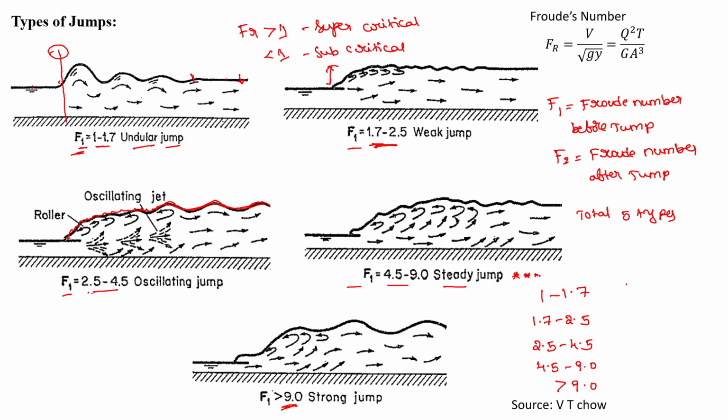How can you remember? Undular jump, weak jump, oscillating jump, steady jump and strong jump. We must remember these five types of jumps. So this is about the types of jumps.